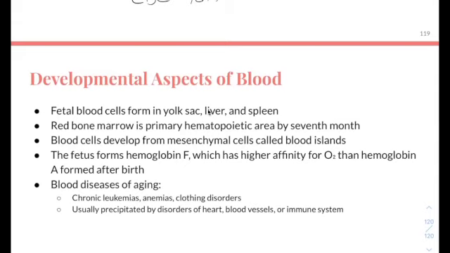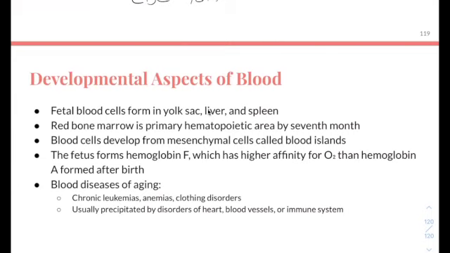So hemoglobin F is for when the fetus is still in the womb and needs more oxygen to develop. And after the baby's born, they create hemoglobin A, which is what we all have now, to transport the oxygen around the body.